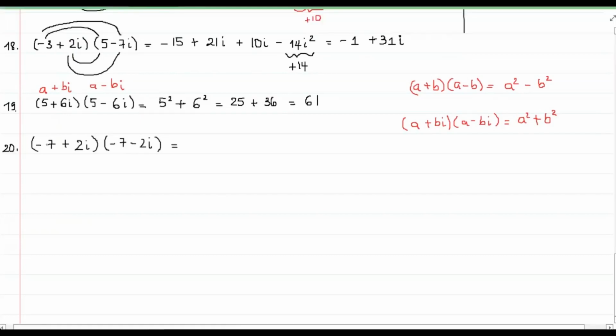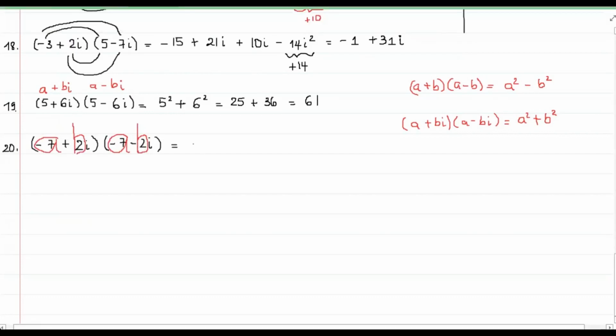Now we want to make a the whole thing. That is a. Here is a. This is b. This is b. Okay, so we still use that.